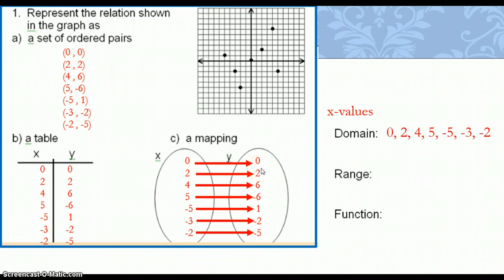The range are all the y values. So all I have to do is again copy down all of the y values that I used. This is really easy since I have my ordered pairs, my mapping, and my table, which lists out my y values. So I'm going to copy down all those y values, and I'm done.